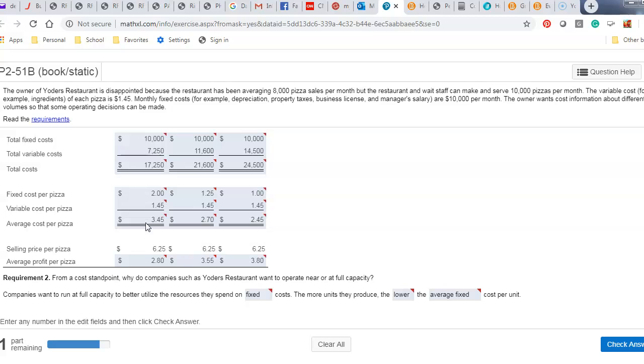We take those new numbers and divide them in, we get 345. And that's what we got here. So either way, it works out for you. So our average cost per pizza is $3.45, which is the division of these two numbers.